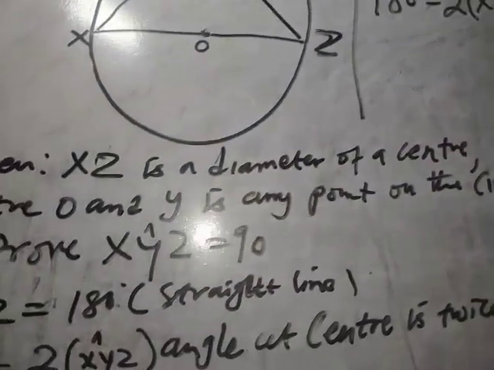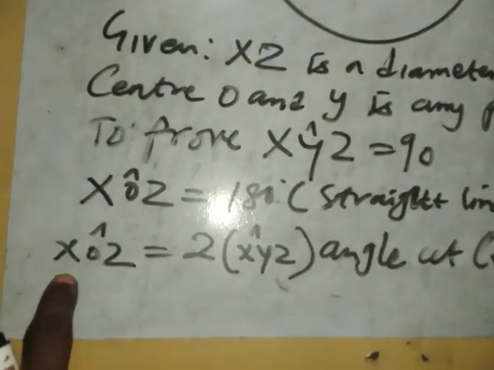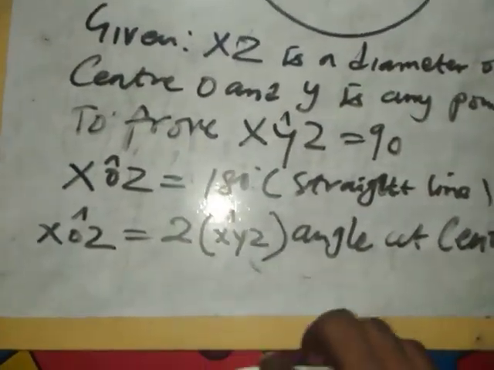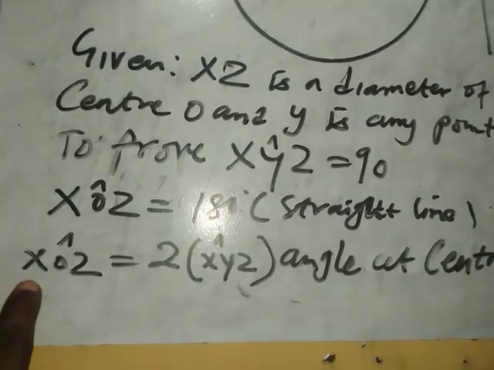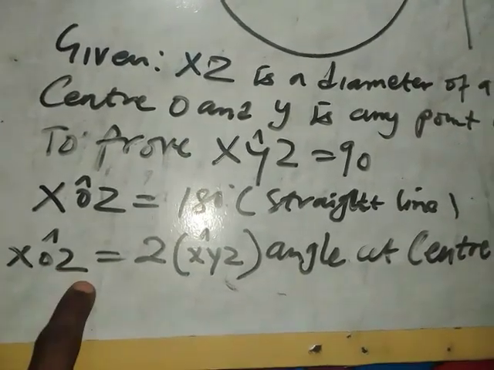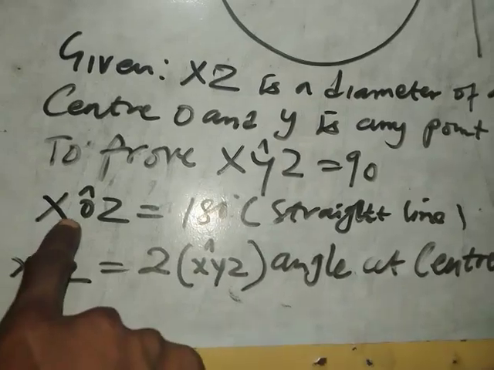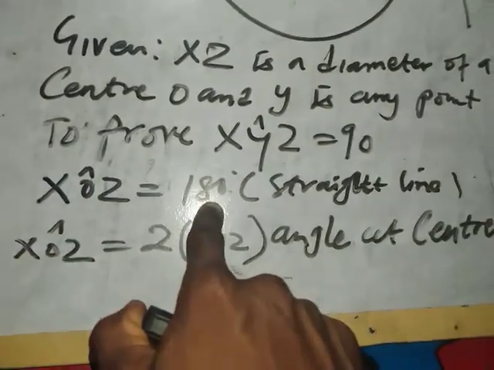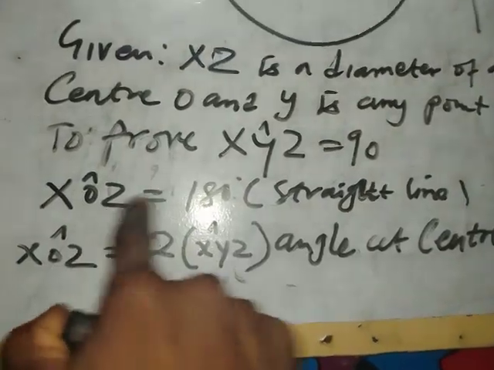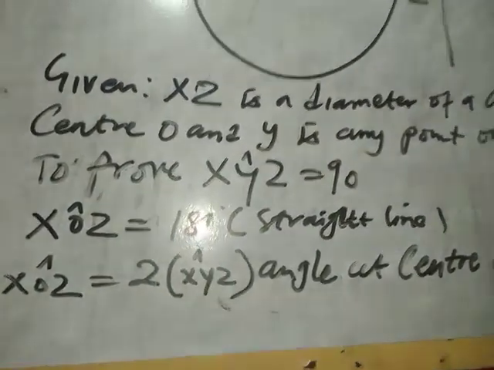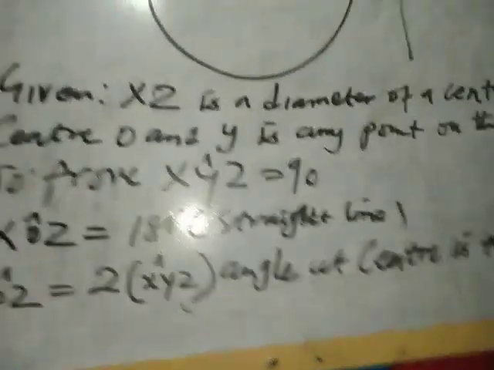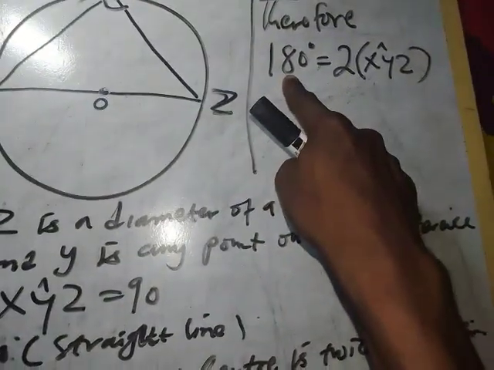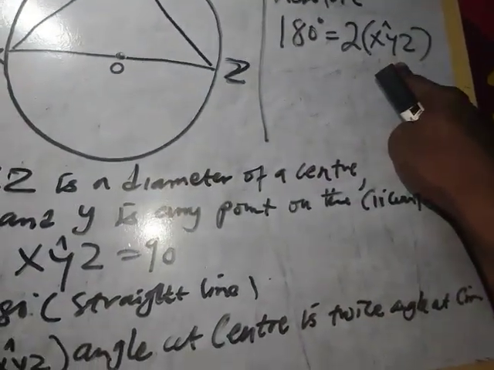Remember that angle XOZ is 180. Look at here now. Angle XOZ is this, but angle XOZ is 180 degrees. So we can replace this with 180. We substitute 180 into this because this is equal to this, and it's possible we do that. So 180 degrees is equal to 2 times this angle.